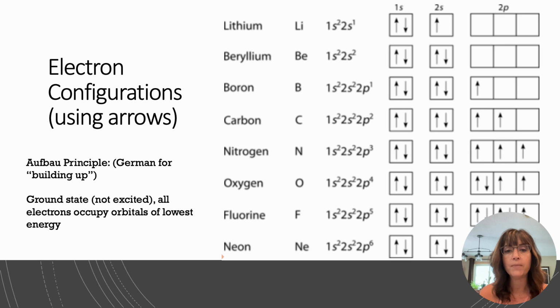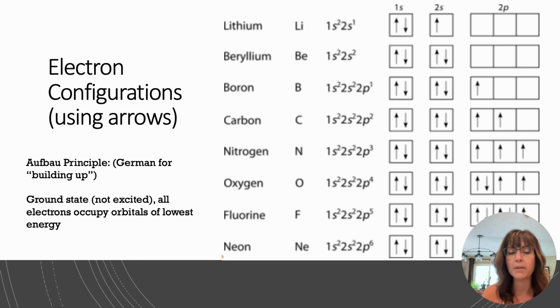If you look down at neon, 2s has 2 electrons, an up arrow and a down arrow, and then all of the p orbitals should be filled: up, down, up, down, up, down. If you look at oxygen, notice that only one of those p orbitals has 2 electrons, up and down, and then up and up.